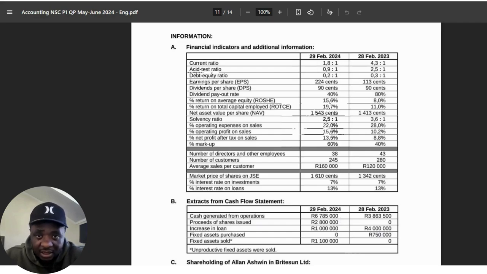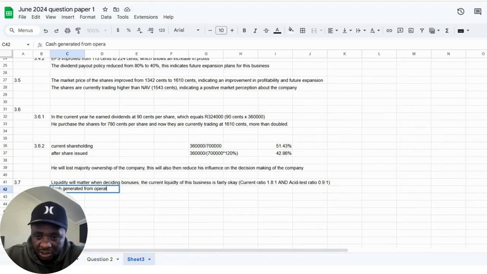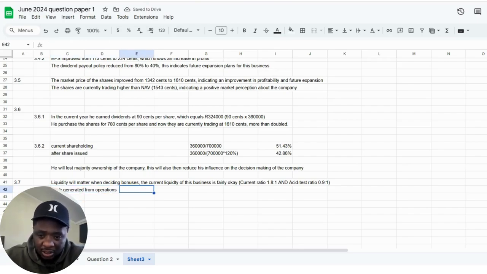So we can say then that we would consider cash generated from operations, and we can also point out then that there has been an improvement.